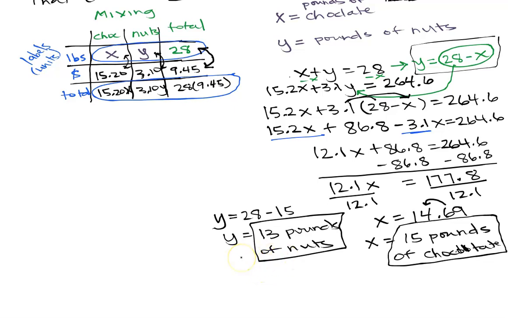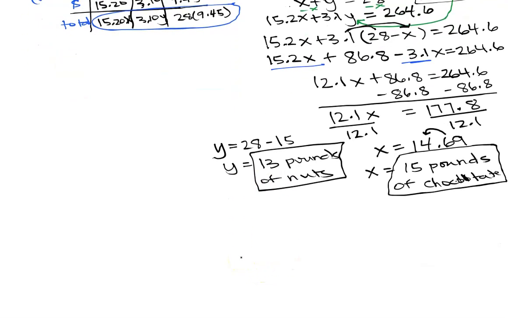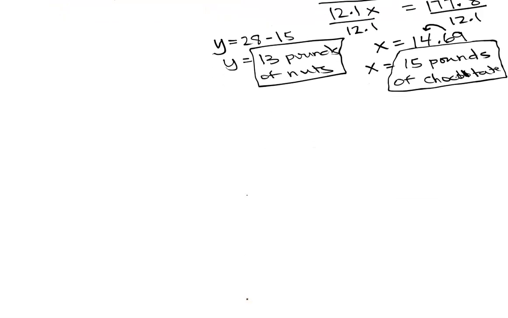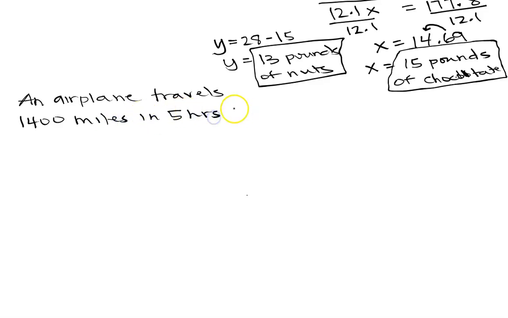All right. Okay, we're going to do one more here, and then we'll be done unless you have other questions that you want to look at. So let's do one of those airplane problems. So this one says an airplane travels 1,400 miles in 5 hours with the wind.